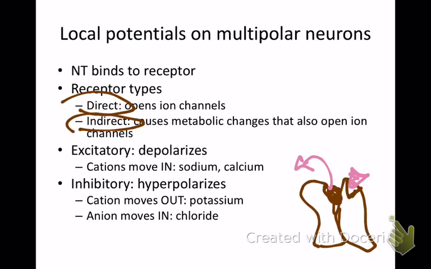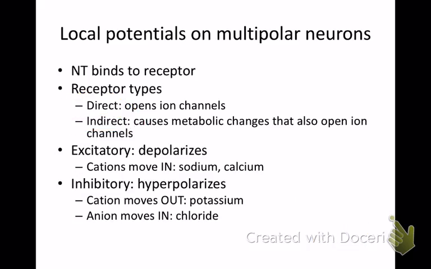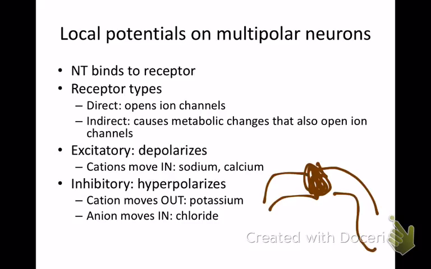Okay? If it's indirect, what we're going to see is that here is the receptor, and over here, in another spot in the membrane, here's my gate. So that when the neurotransmitter binds to its receptor, the binding triggers changes inside the cell, and those changes cause the gate to open. That's indirect.